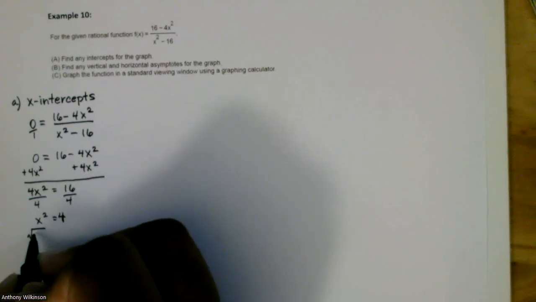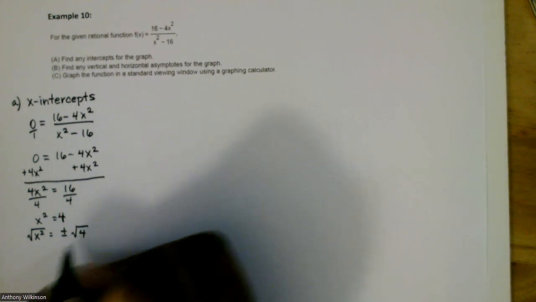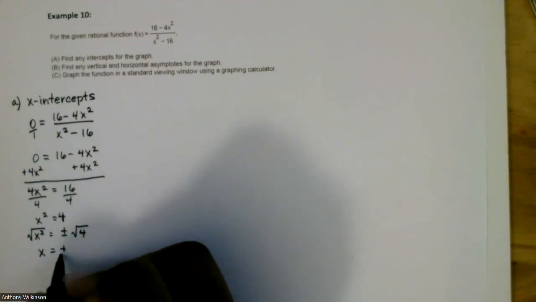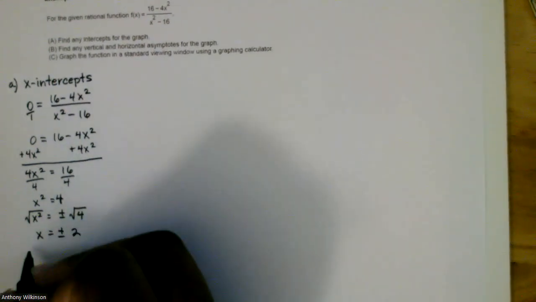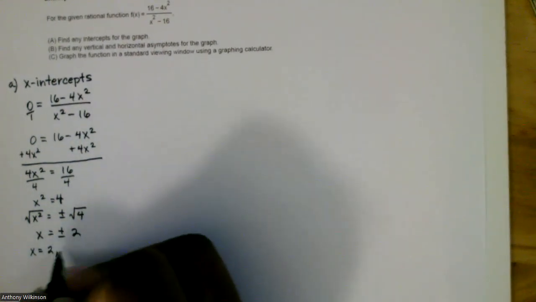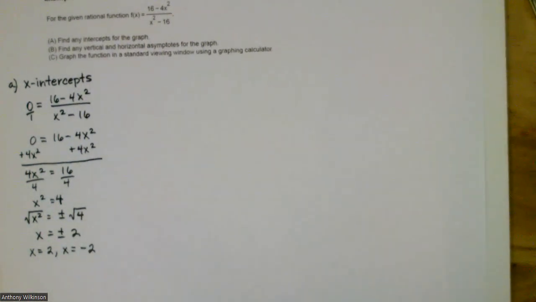And then if I take the square root on both sides, I'll include that plus or minus symbol. That means x is equal to plus or minus 2. So here I got two x-intercepts. One will be at x is equal to 2, and the other one is at x equal negative 2.